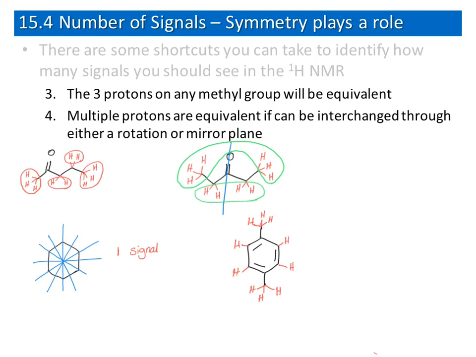So basically what we can say, all of these 4 protons are the same as each other. So we see one signal for all of these hydrogens on a ring. So these 4 are going to show one signal, and these methyls are going to show another signal. So we are going to see overall 2 signals for this molecule in hydrogen NMR.